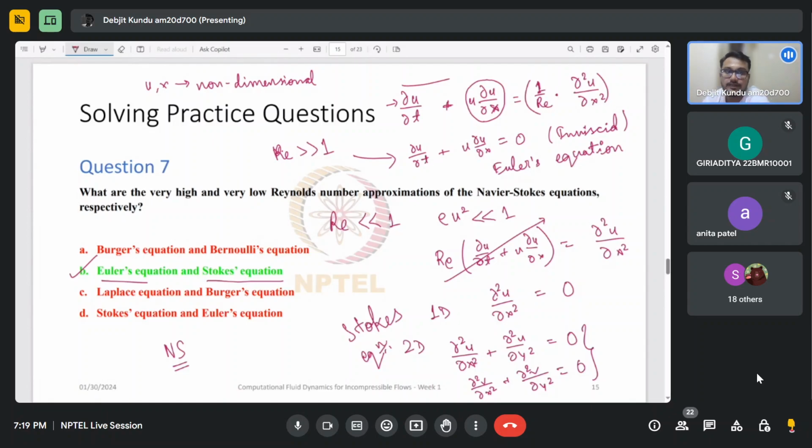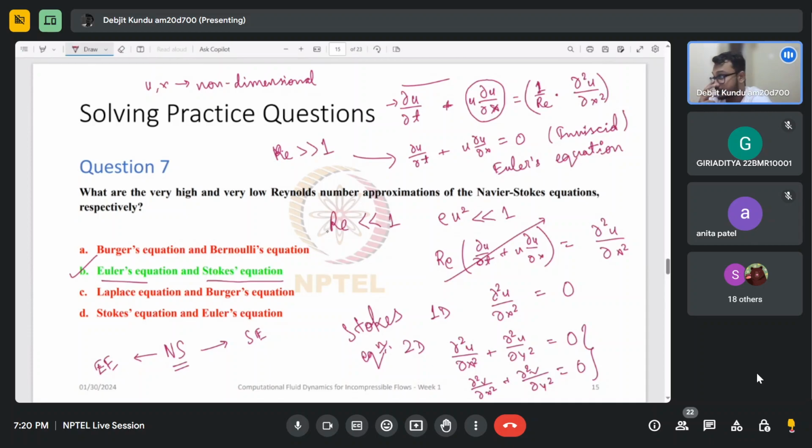Instead, you can make either Euler's or Stokes approximations. If you can approximate and get rid of some terms, that greatly simplifies your problem. Even if you're performing CFD, that becomes a much cheaper, much quicker problem to tackle, right?